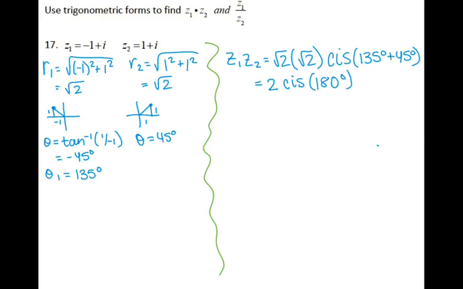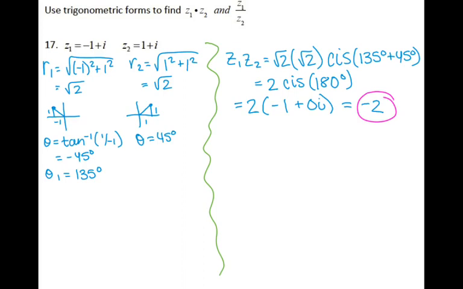And then from here I need to simplify it. So I can take cosine of 180, which is, oh darn, I'm in the wrong mode. Mode, degree. Okay, so cosine of 180, negative 1, plus i sine of 180. Sine of 180 is 0. So I can distribute that 2 in there. That gives me negative 2. So that right there is the product.